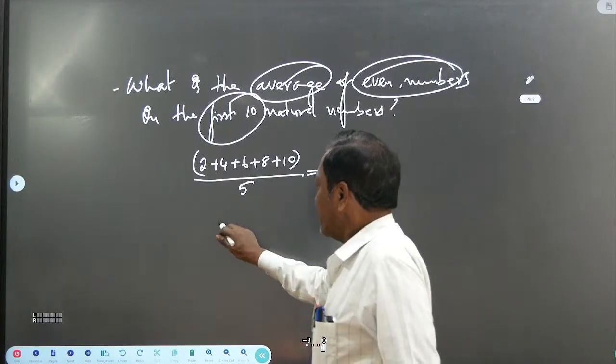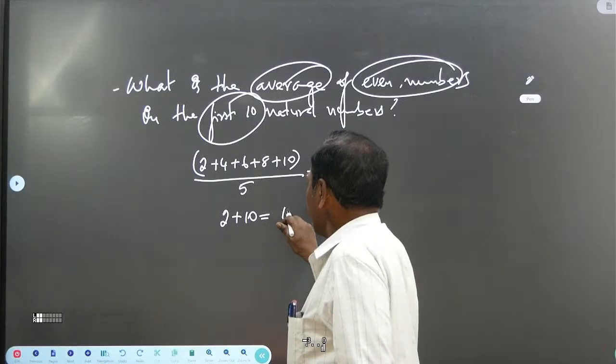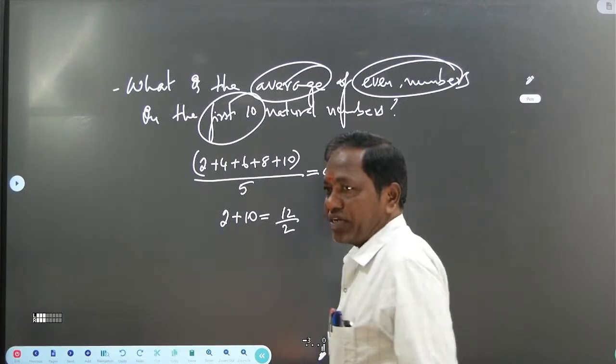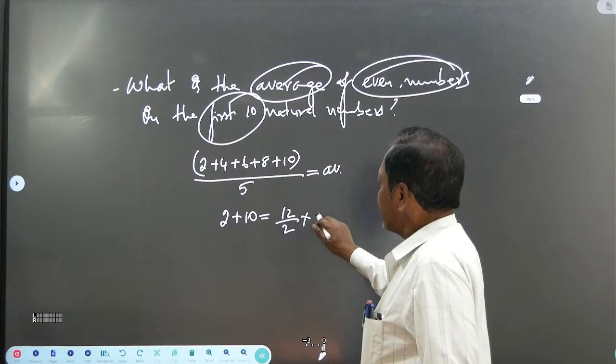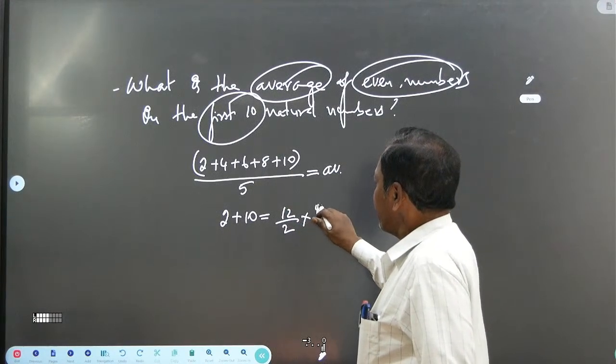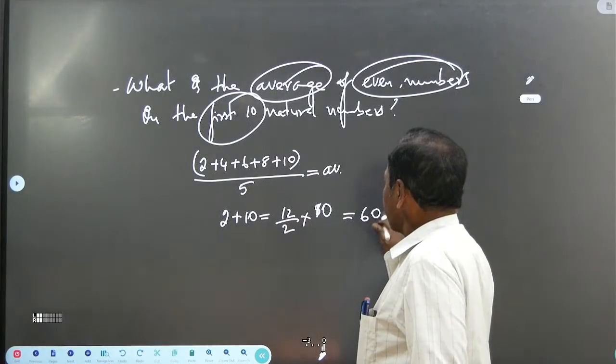Now you can see 2 plus 10 is what? 12. 12 by 2, you get the average, into number of observations. Okay, you take 10 observations. 10. So, 60.